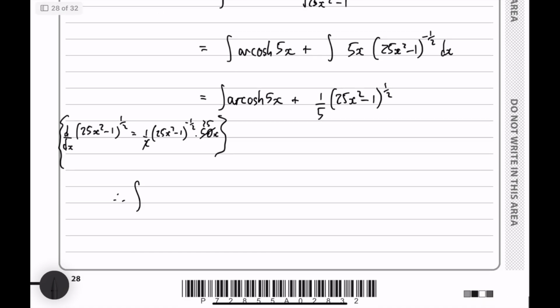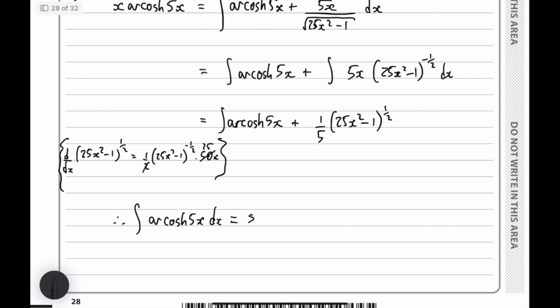Therefore, the integral of arcosh 5x is equal to the thing on the left, x arcosh 5x, minus this term, 1/5 of 25x squared minus 1 to the half.